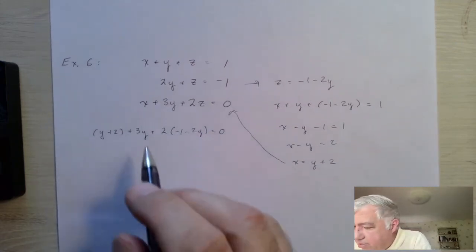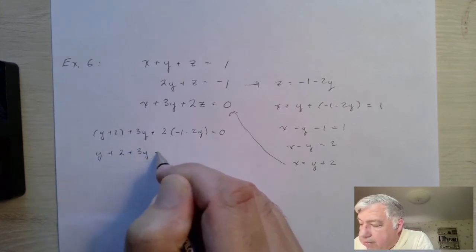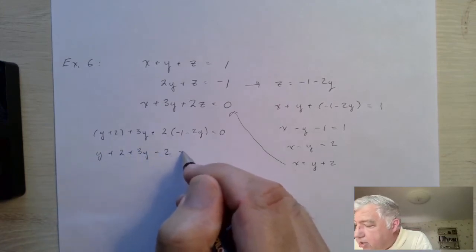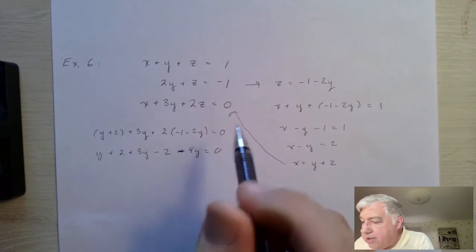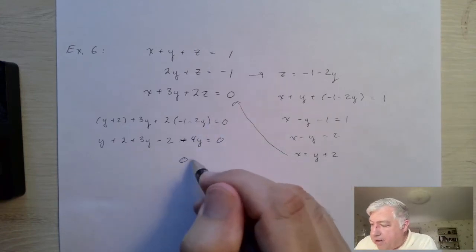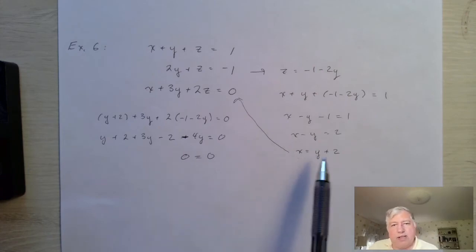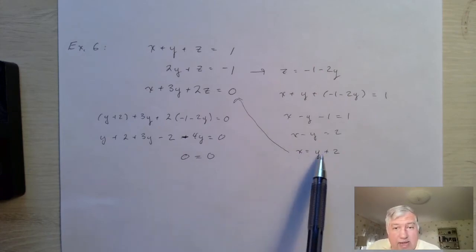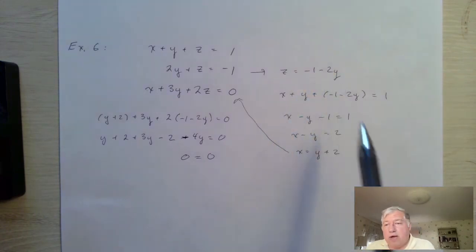If we simplify this, it is y plus 2 plus 3y minus 2 minus 4y equals 0, and you'll see everything cancels out, right? We get the amazing fact that 0 equals 0. So once again, this indicates that y can be anything we want as long as x is equal to y plus 2 and z is equal to negative 1 minus 2y.